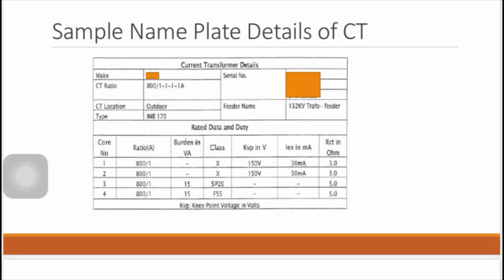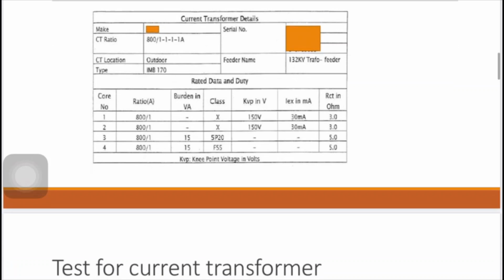Earlier I told you the measurable electrical quantity we can use either for measurement purposes or for protection purposes. Here there are 4 cores. The first core and second core are PS class, used for transformer differential protection and busbar protection. Core 3 is 5P20, used for backup protection.